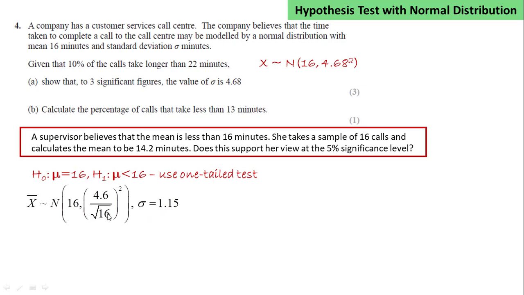That's based on taking a sample of 16 from a normally distributed population with mean 16 and standard deviation 4.68. So here we want to calculate the probability that the mean of a sample of 16 calls would turn out to be less than or equal to 14.2.